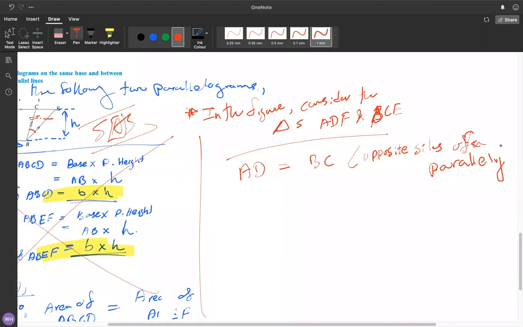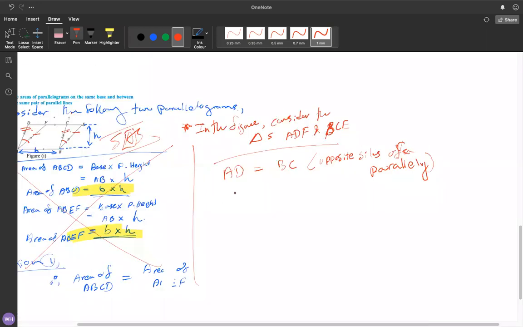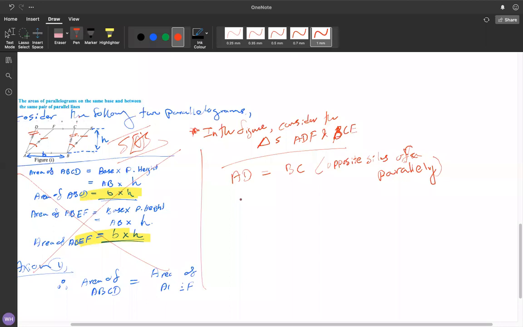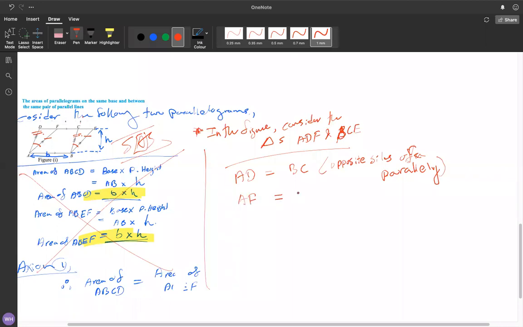Next, side AF is equal to side BE, the same reason, opposite sides of the parallelogram.